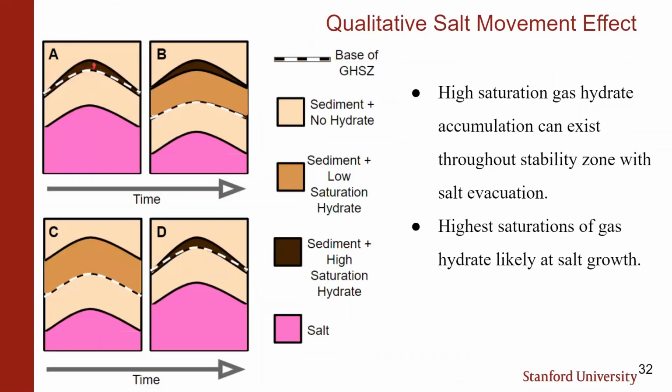Where you had a high saturation accumulation, it's now found in the middle of the stability zone. So we think that whenever you have thickening of a gas hydrate stability zone, that's when you're most likely to find gas hydrate accumulations throughout the stability zone rather than just at the base. And when you have salt growth, you have this sweeping effect where the stability zone thins and it results in higher saturations.